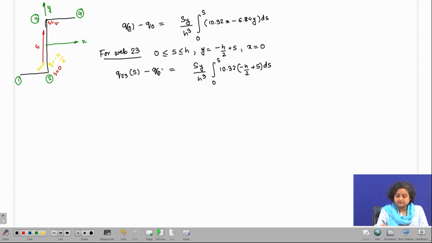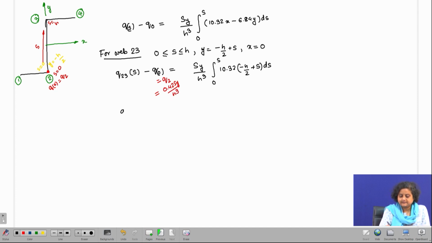So, Q0 or Q of 0 is this point for web 2, 3. Now, Q0 is basically Q2, which we have found earlier to be 0.42 Sy by H cube.